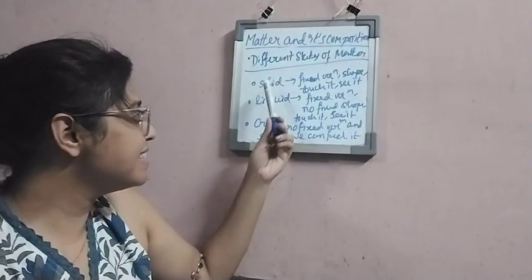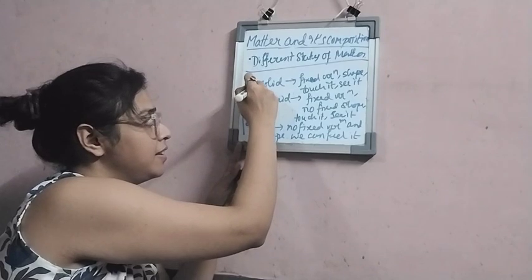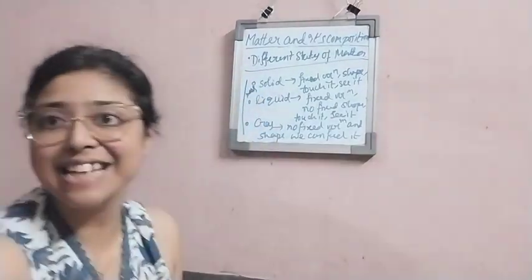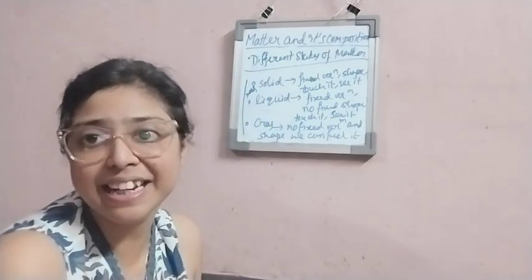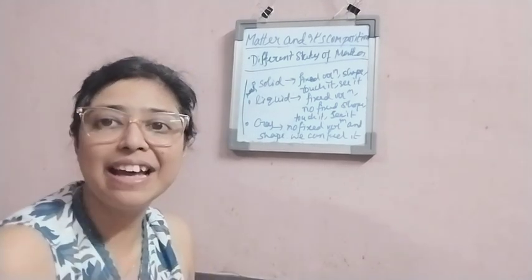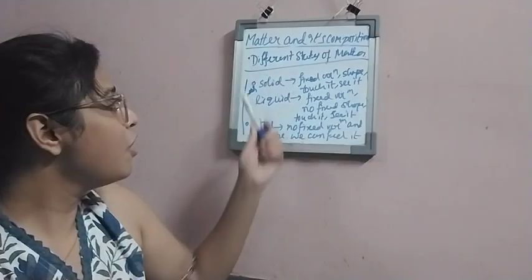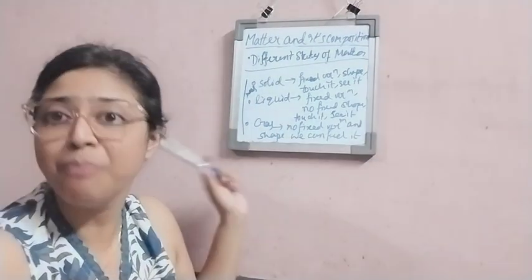Solid, liquid, and gaseous states all have mass, because this is the basic criteria to be included in the category of matter. As I have said earlier, matter should have mass.